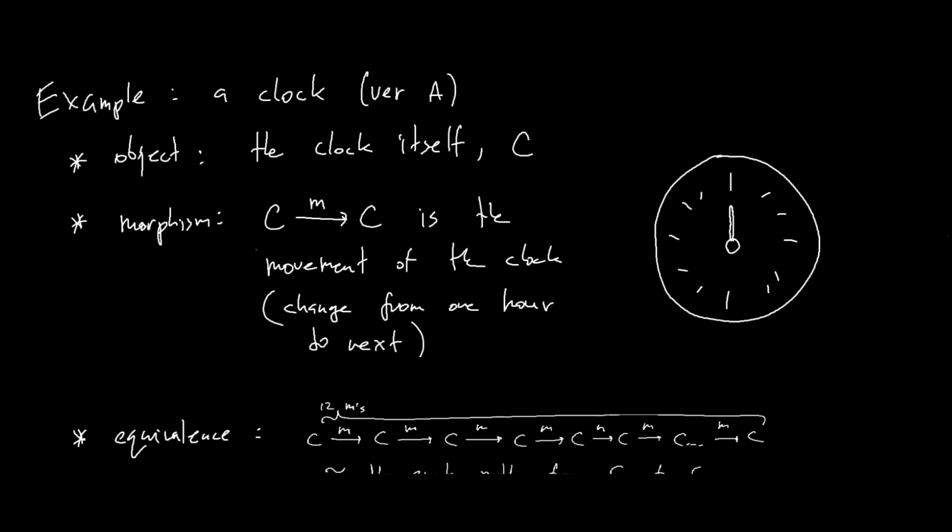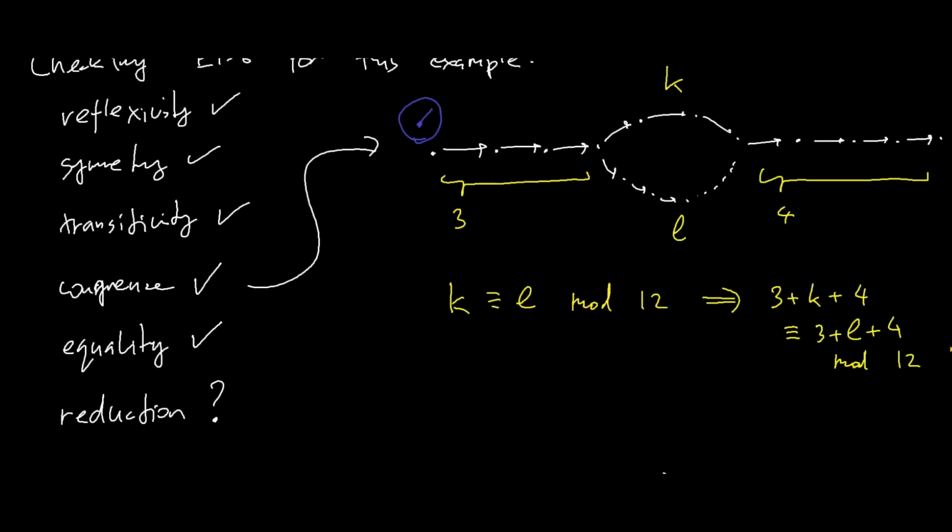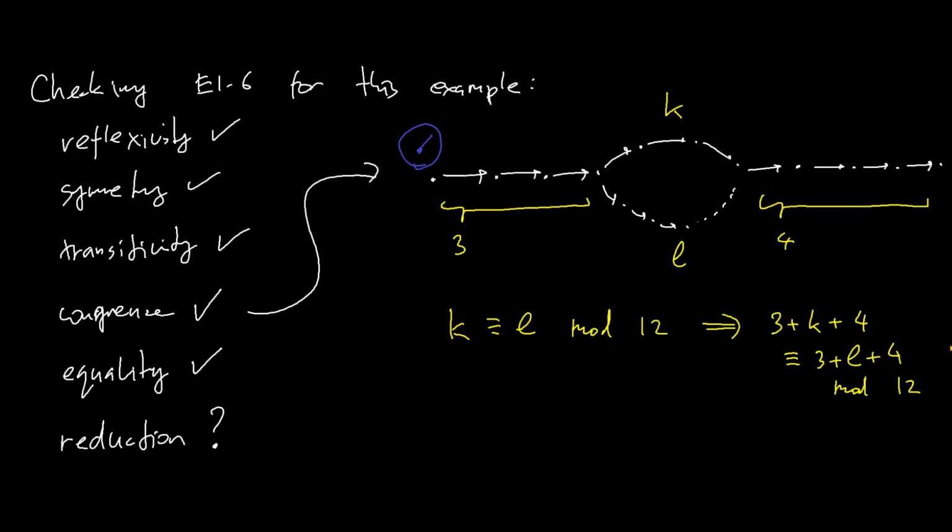We don't have to necessarily start with all of these axioms. We could even start with a scenario where we don't even have equality. We don't even have congruence. We don't even have transitivity. We don't even have symmetry. We don't even have reflexivity. We can start with nothing and then build something that satisfies all these axioms.